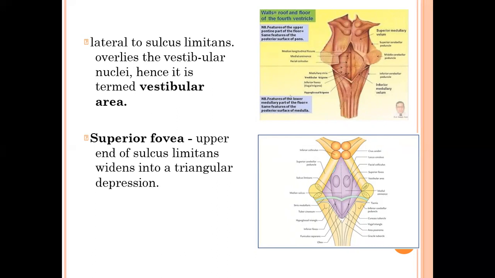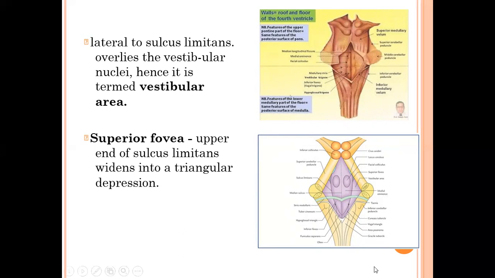The upper end of the sulcus limitans, exactly at this region, widens into a triangular depression called the superior fovea. This vestibular area lies partly in the pons and partly in the medulla oblongata, that you must remember.